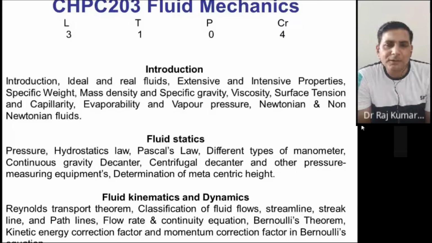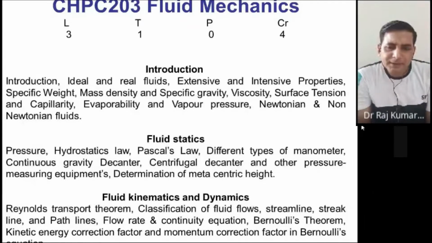Whatever quantity you have on a per unit mass basis or per unit volume basis never changes, no matter how much quantity you have. Just like your density, viscosity, surface tension, and heat capacity. These are per unit mass or per unit volume quantities, so they will not change, right?